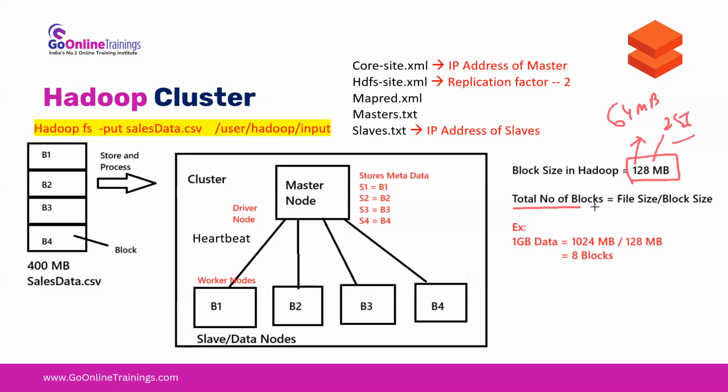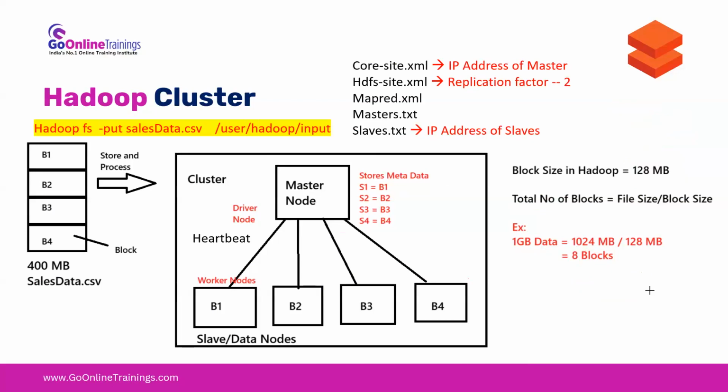So the total number of blocks created depends on the file size. For example, your file size is 1 GB, right? 1 GB means 1024 MB. Divided by 128 MB, you will have 8 blocks.